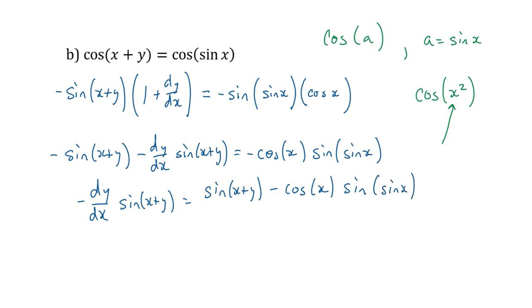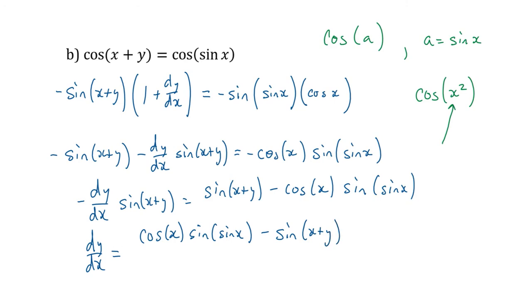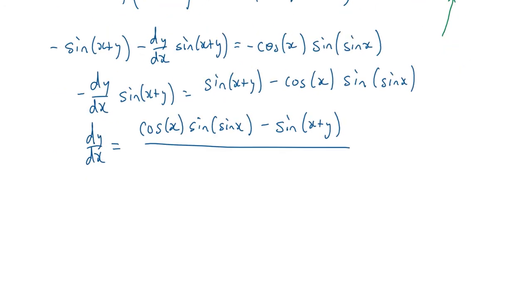Okay, and then I'm going to divide by negative sine of x plus y, and dy by dx, in fact, I'm going to use that negative and apply it to the top at the same time. So this is going to become cos x times sine of sine x minus sine of x plus y, over sine of x plus y.